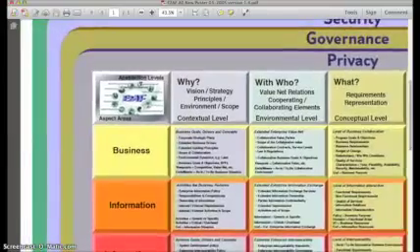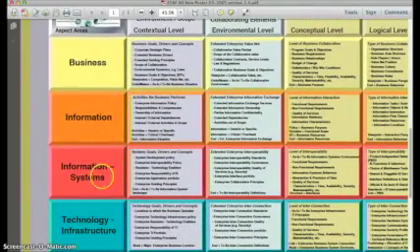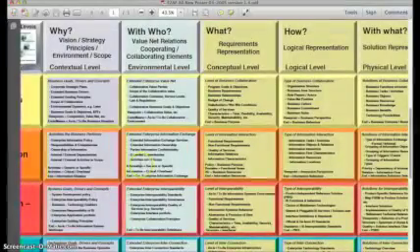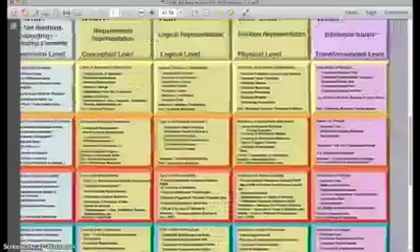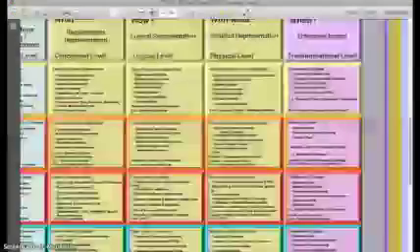This kind of framework is there for every one of the layers, that is business, information, information systems, and technology infrastructure, and at every level, that is contextual level, environment level, conceptual level, logical level, physical level, and transformational level. Now this gives a blueprint of how extended enterprise architecture can be implemented in any organization today.